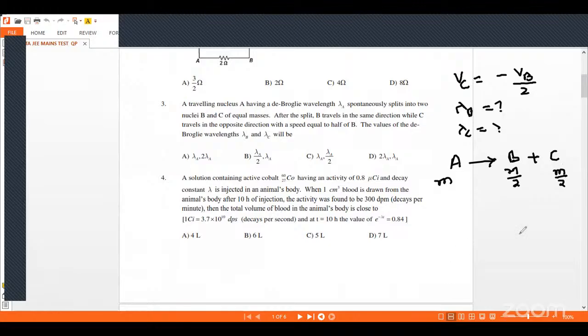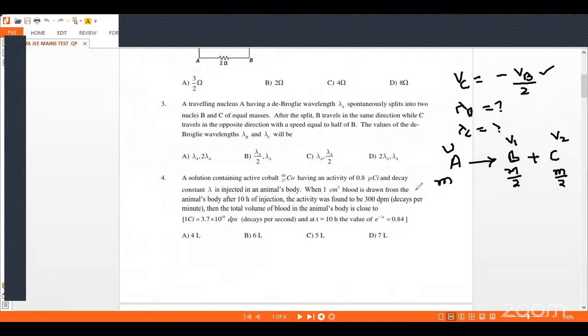By applying conservation of momentum, suppose initially it moves with a velocity u and travels in the same direction. B is moving with V1 and C is moving with V2, which they gave.